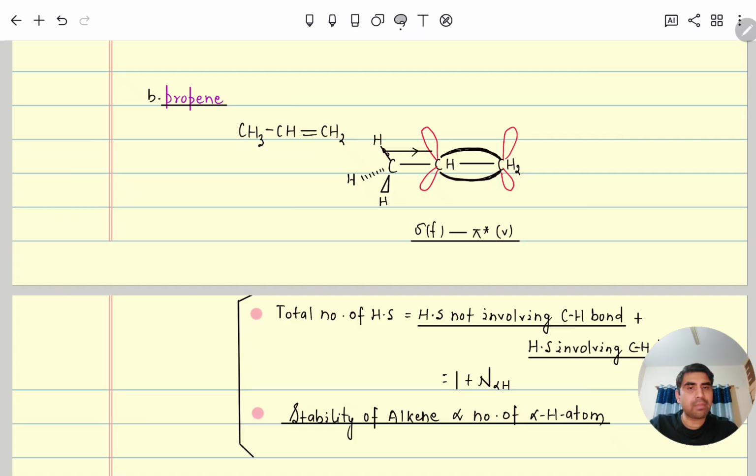So for the time being the filled sigma is moving to the vacant pi star. So there are only these two possibilities, where the alpha carbon-hydrogen sigma electron moves either to a vacant p orbital or to pi star. This is only possible in carbocation and carbon free radical.